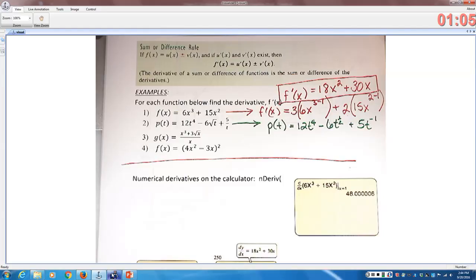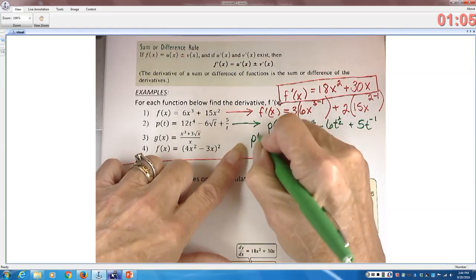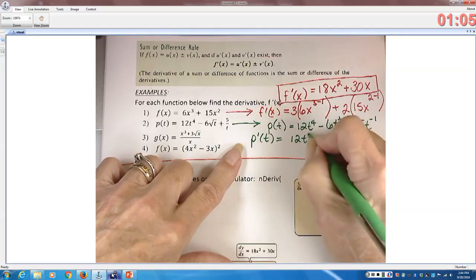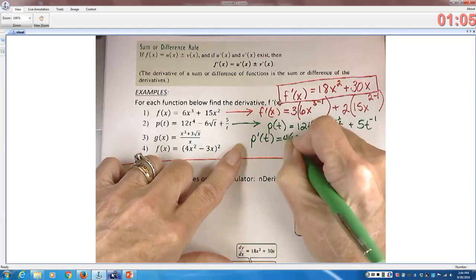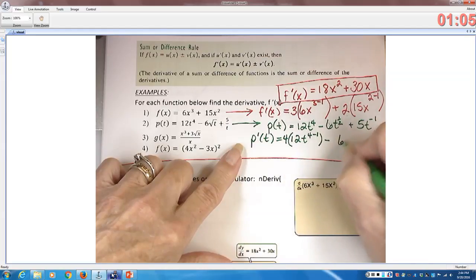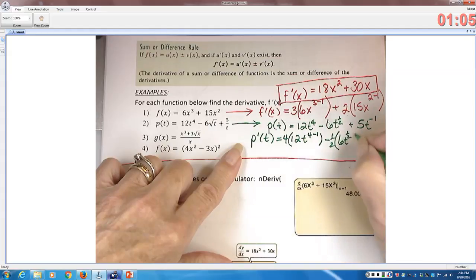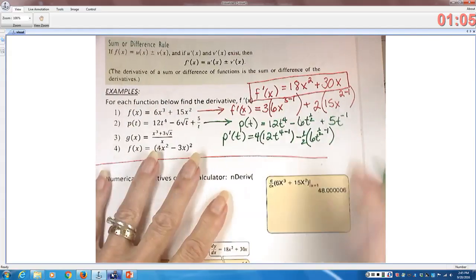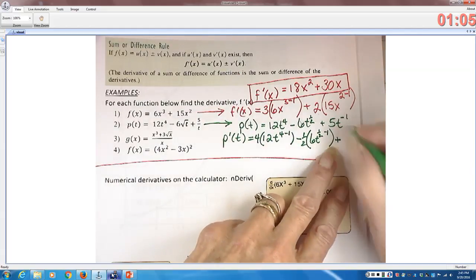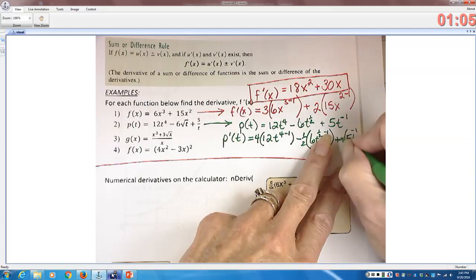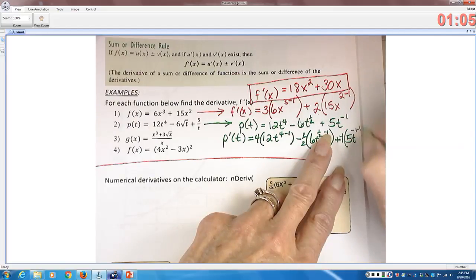And now I can take the derivative. (12t to the fourth), drop the 4 and decrease it, minus 6t to the 1/2, drop the 1/2 and decrease it, plus 5t to the -1, drop the -1 and decrease it.